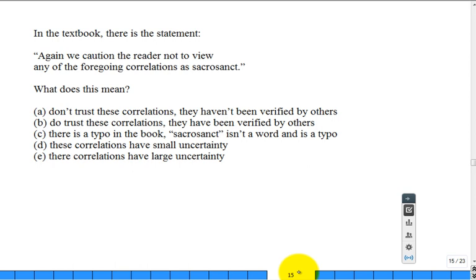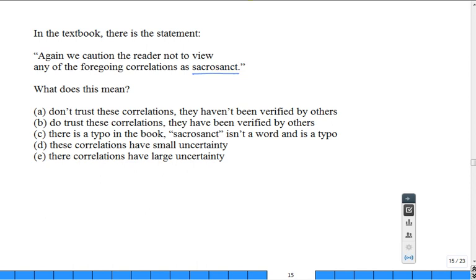In the textbook, there's a statement. Again, we caution the reader, that's you, not to view any of the foregoing correlations as, well, we'll pronounce that word later. How do you pronounce that word? Sacrosanct. Yeah. All right, what does this mean?